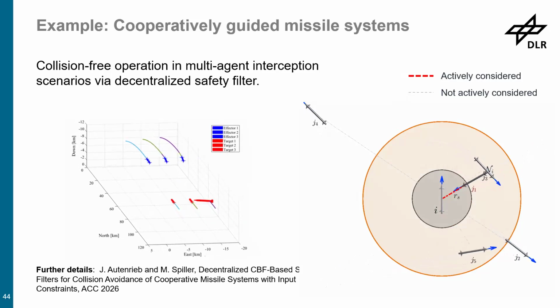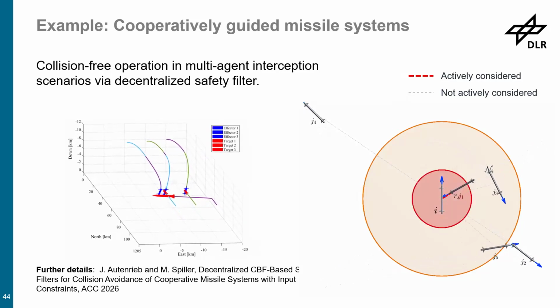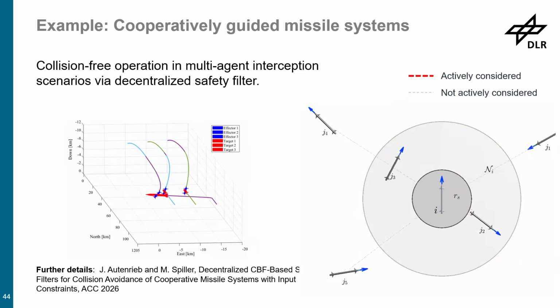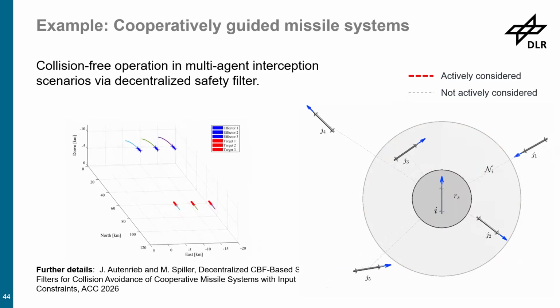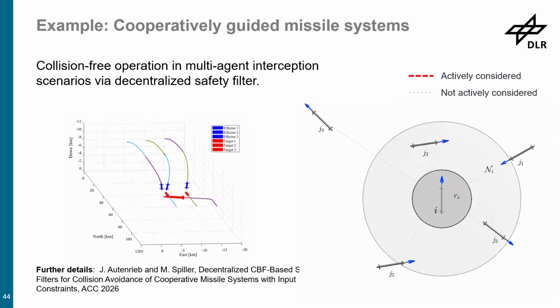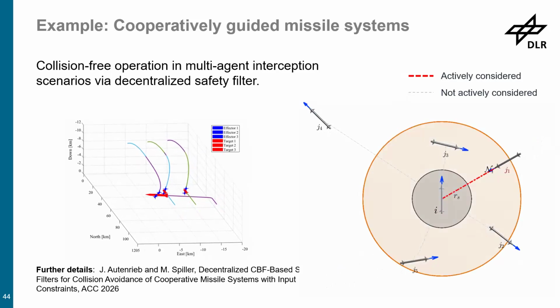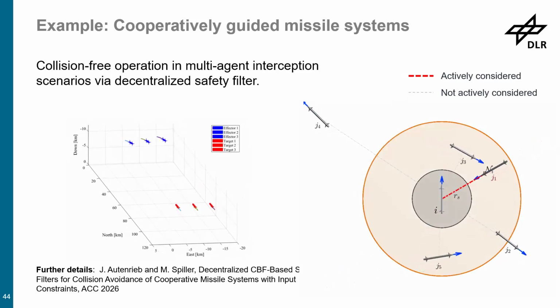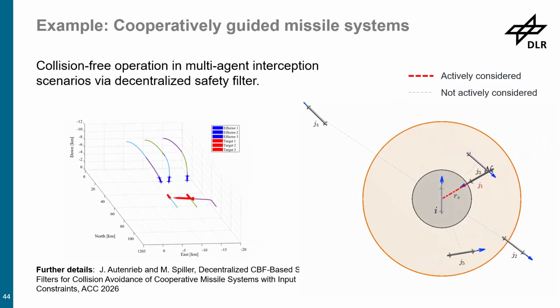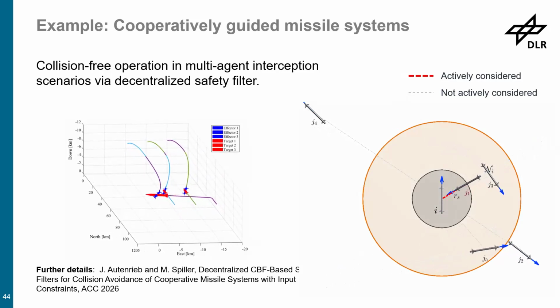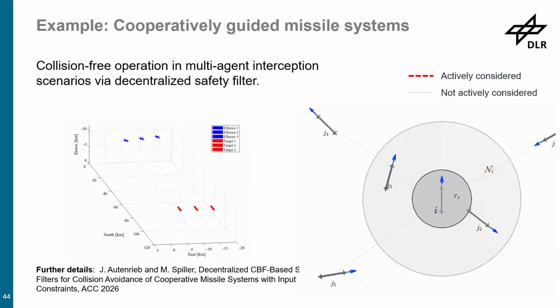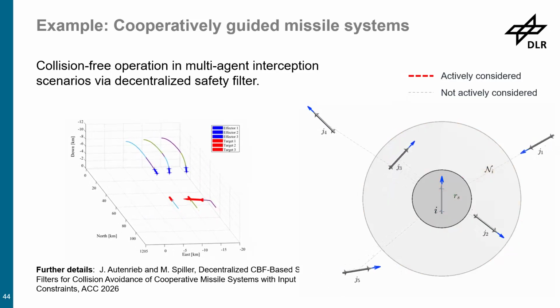And if you do that, you see you don't need to consider all of them. Even though this one is very close, it's not critical because it's flying away. Only this one is flying towards one missile system, right? And only this is considered in the optimization. So from 1, 2, 3, 4, 5, we came down to one inequality constraint to be considered.